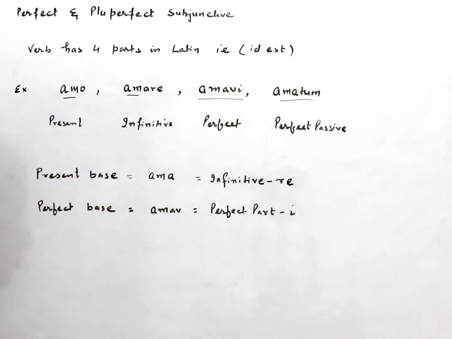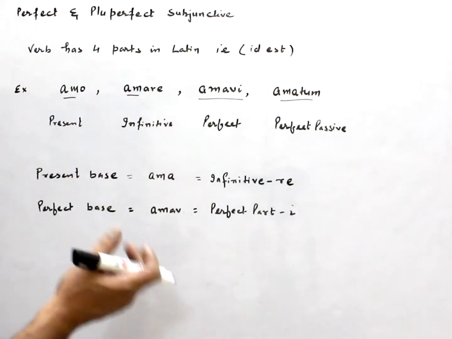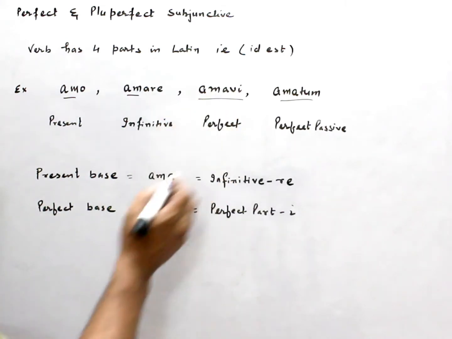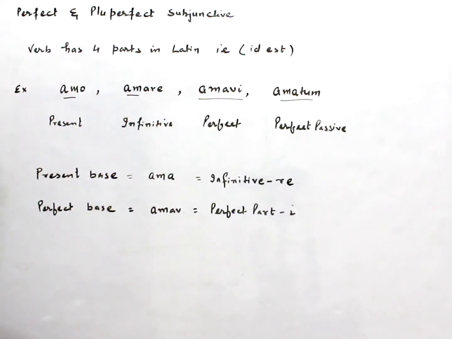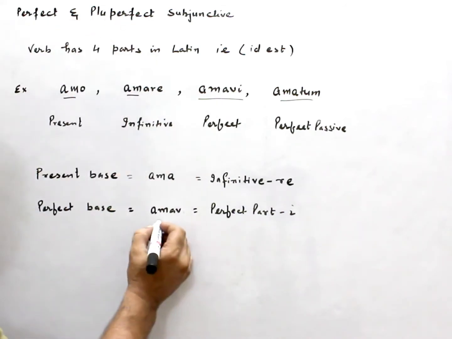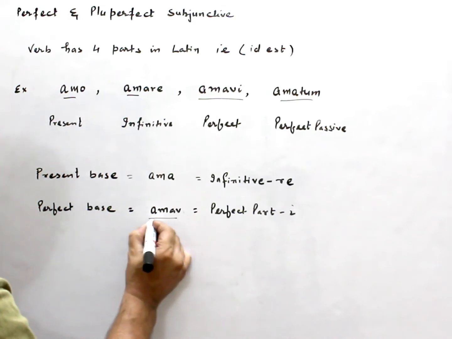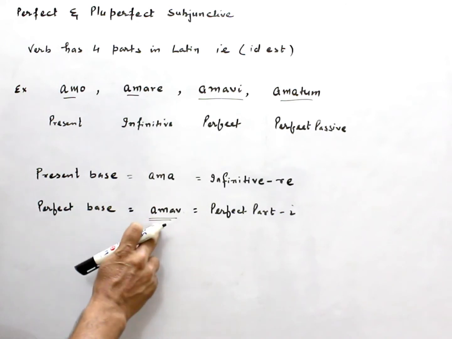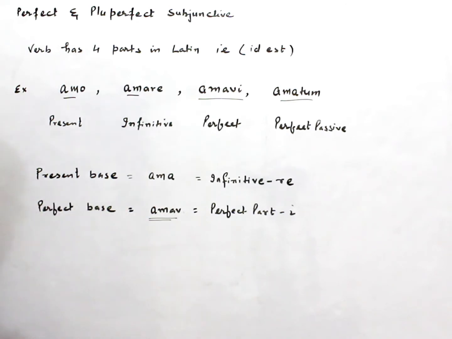Actually, i is the symbol of I here. That means I love, I have loved. So, to make perfect subjunctive or pluperfect subjunctive, we use this base. So, how can we make perfect subjunctive?